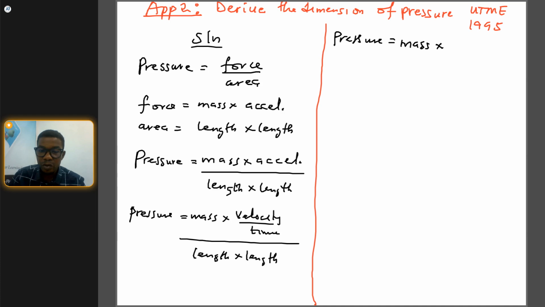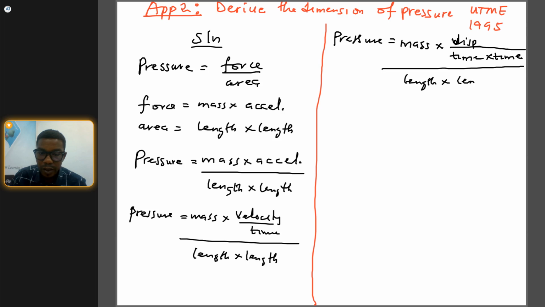So we have mass multiplied by displacement over time. Do not forget initially we have time there before. So that means the denominator will be having 2 times, that's time multiplied by time. Displacement over time, then the initial time we have there will still be there. So now everything should be over length times length.